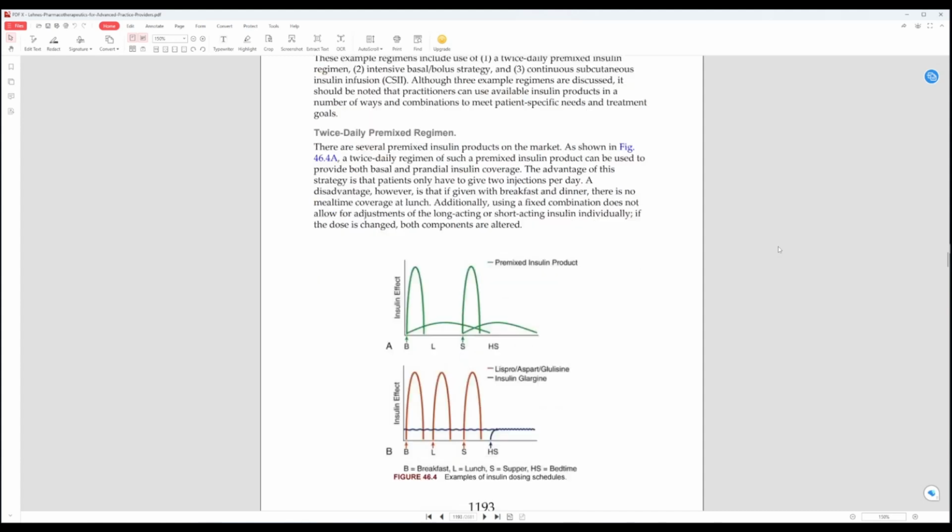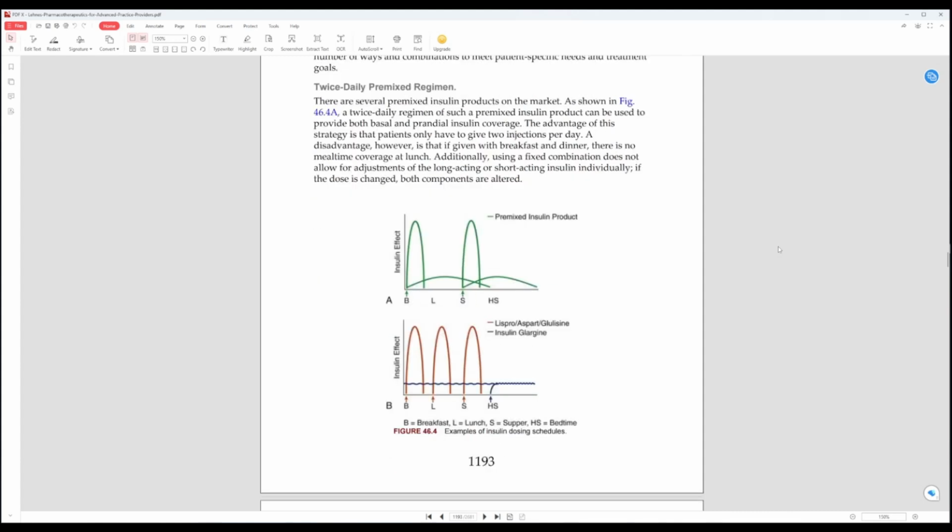So if you're using a twice-daily premixed regimen, there are several premixed insulin products on the market. As shown in figure 46.4a, a twice-daily regimen of such a premixed insulin product can be used to provide both the basal and the prandial insulin coverage. The advantage of this strategy is that patients only have to give 2 injections per day.